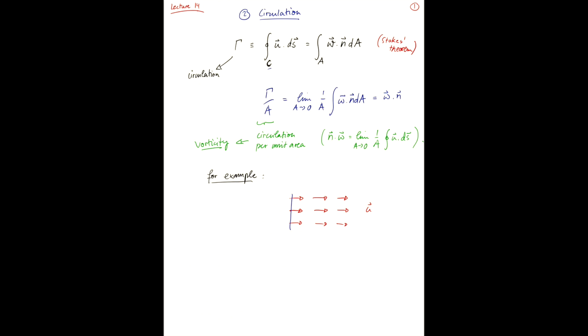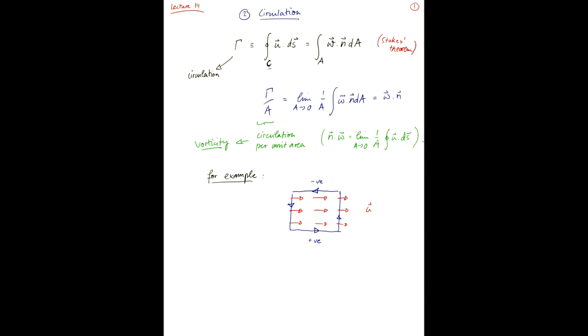Let's say we'll go counterclockwise around here. And now we can piecewise do the integral u dot ds. Up here we have positive and negative contributions.